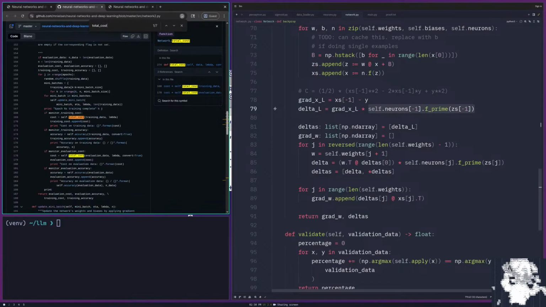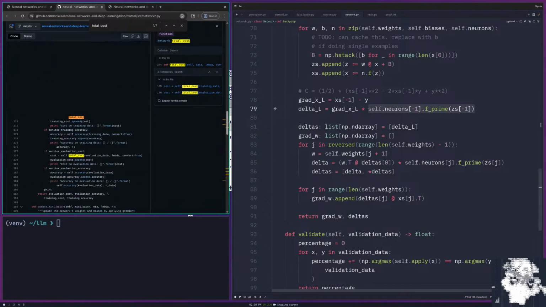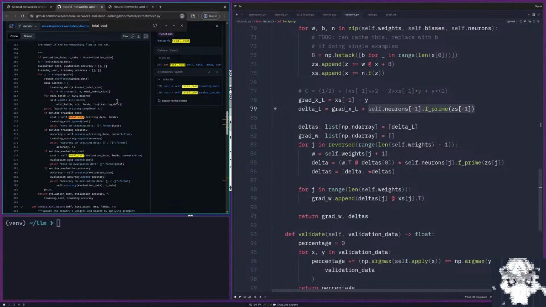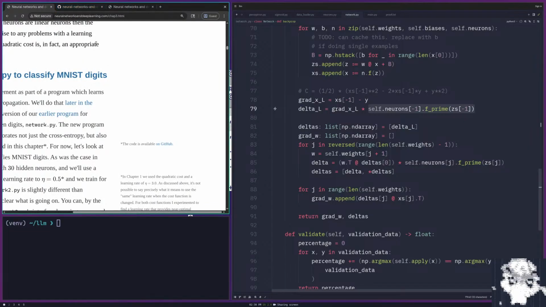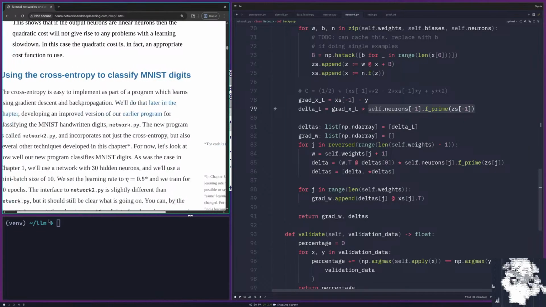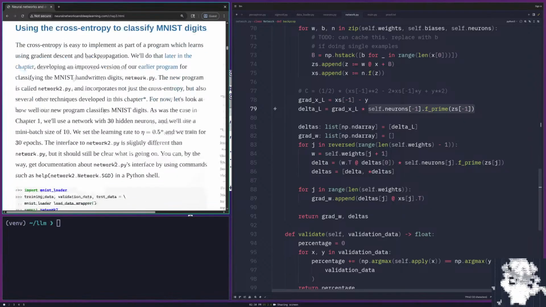It's only used for debugging. Okay. All right.